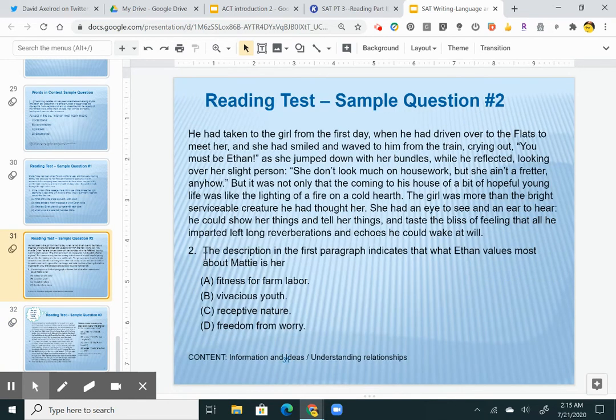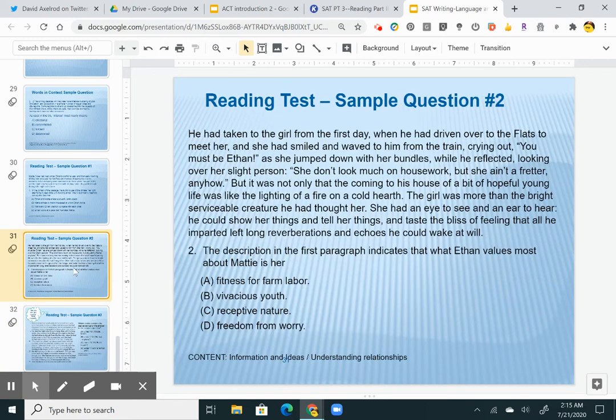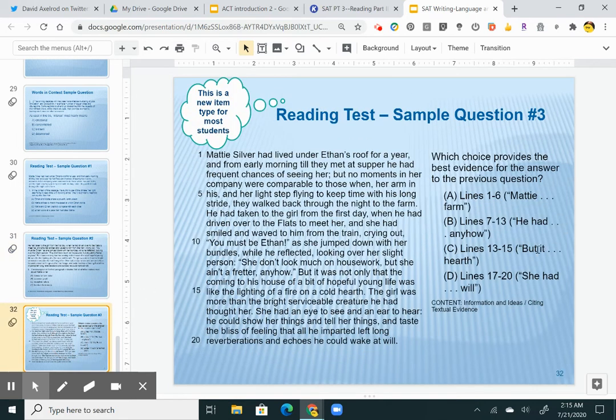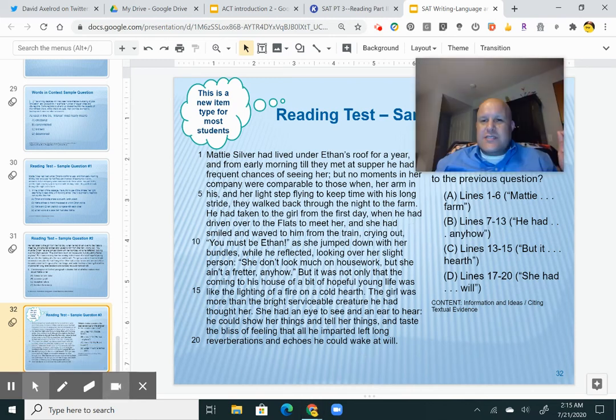Often what you could do is go back and look for the description, and you want to use the stem. What does Ethan value most about Maddie? And then look for where that's described in what lines. And I'll go through that when we go through a whole passage. So these are question type examples.